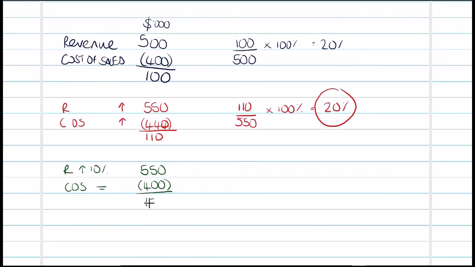Gives us a profit of 150, and obviously 150 over 550 is my margin at 27%. So in that case, my margin has increased because revenue has increased disproportionately to cost of sales, which in fact hasn't increased at all, of course. So then your job is to explain why revenue has gone up, but cost of sales hasn't.